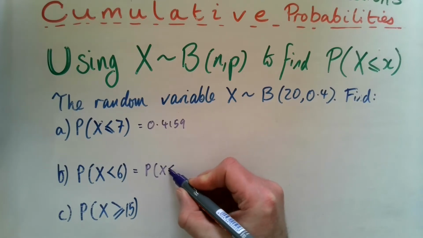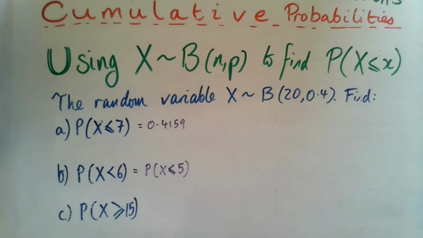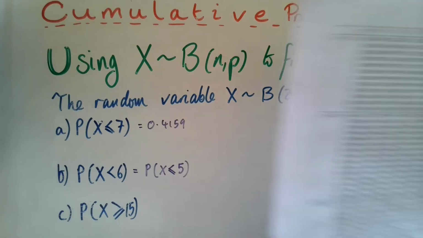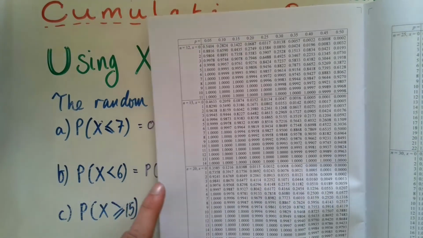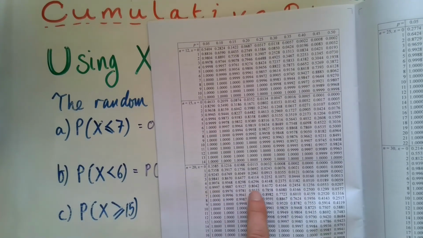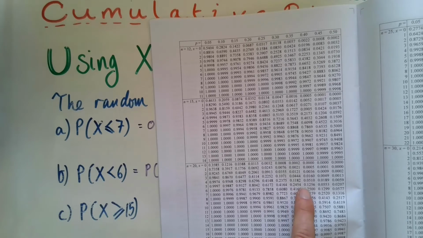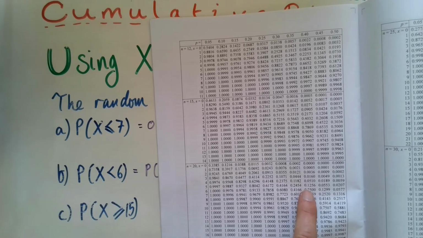So it would be less than or equal to 5, because we just want 1, 2, 3, 4, 5, the number of times it can happen. So if I go back to here, now, still in the 0.4 column, this time 5 goes across there to 0.1256.